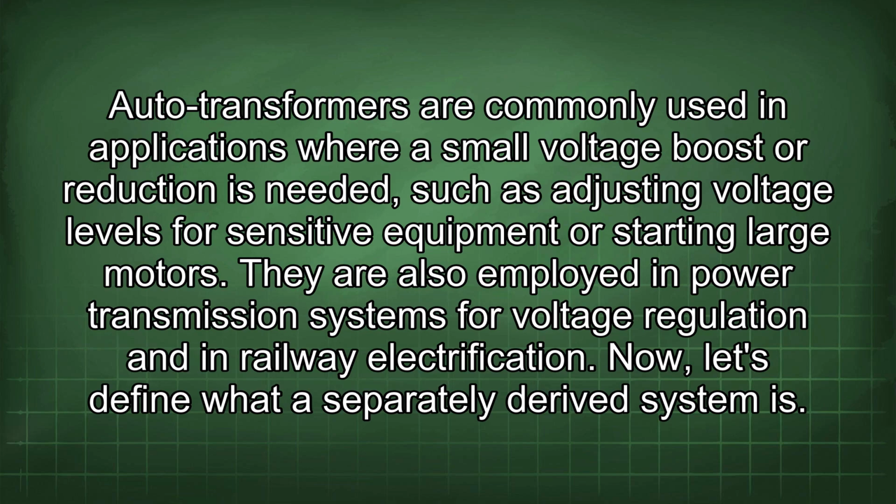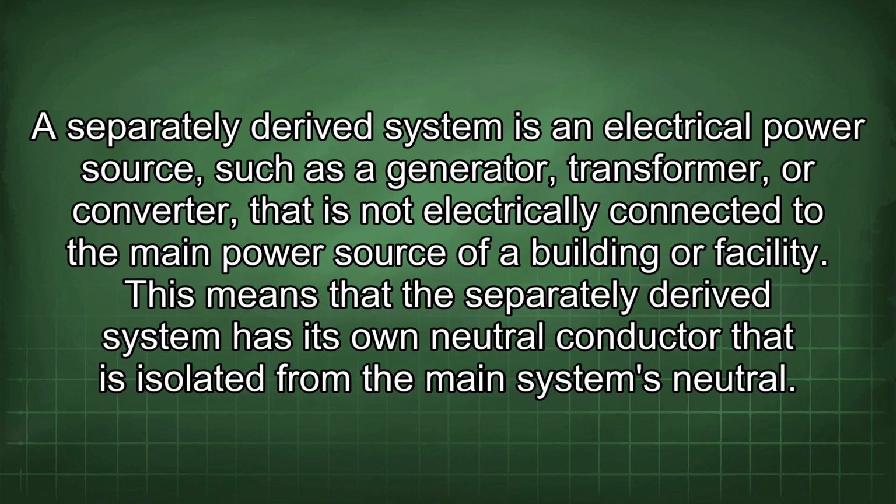Now let's define what a separately derived system is. A separately derived system is an electrical power source, such as a generator, transformer, or converter, that is not electrically connected to the main power source of a building or facility. This means that the separately derived system has its own neutral conductor that is isolated from the main system's neutral.